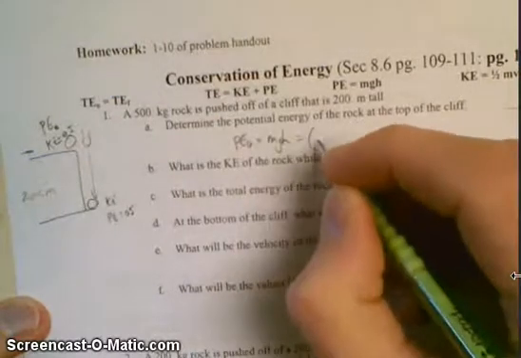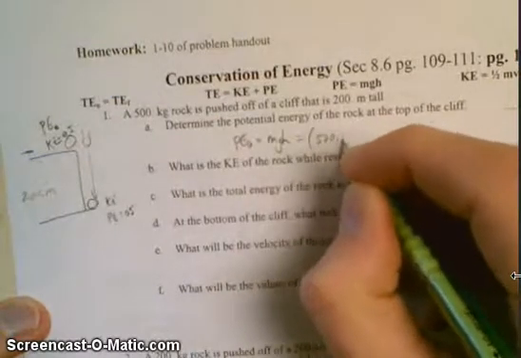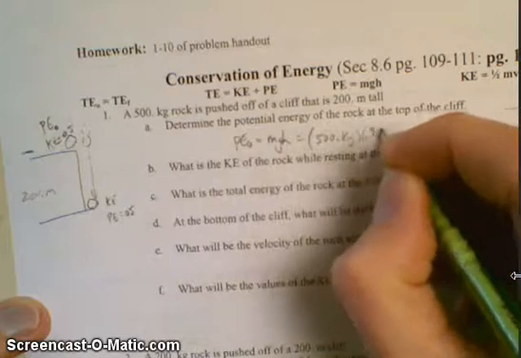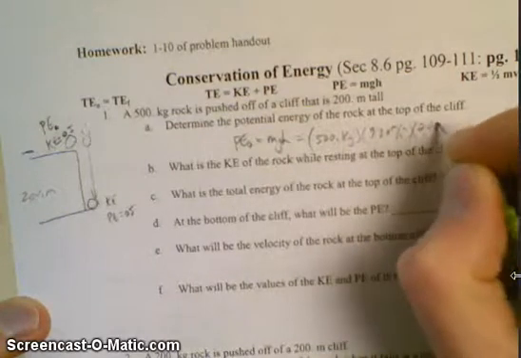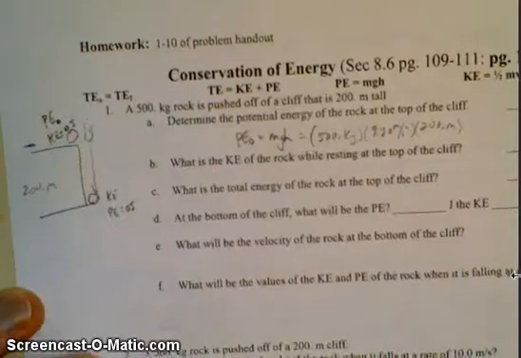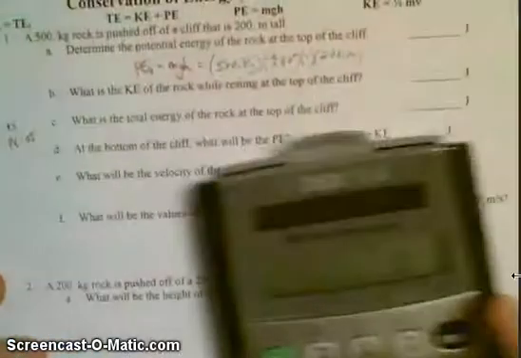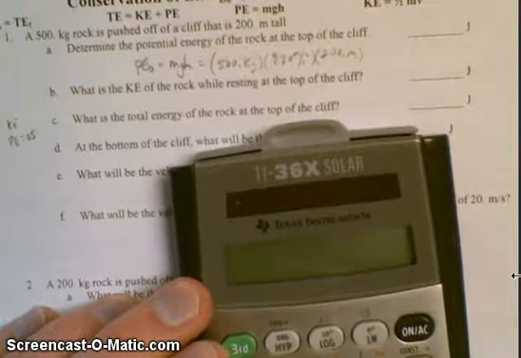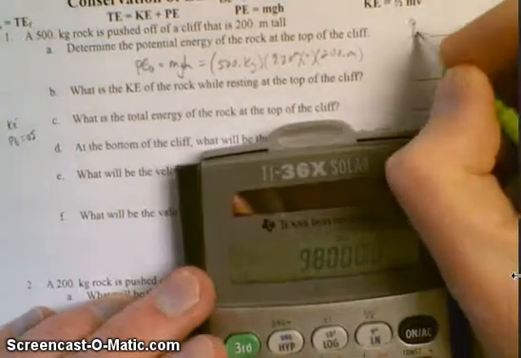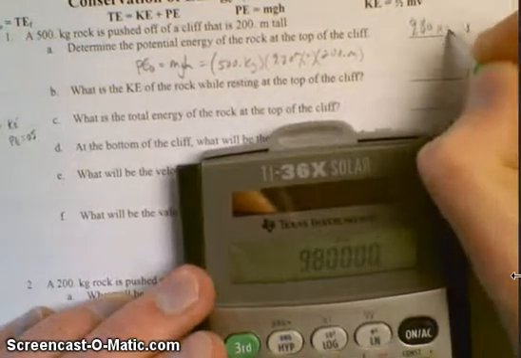And we're just going to substitute. Mass is 500 kilograms, g is 9.80 meters per second squared, and the height is 200 meters. And we can do all this in our calculator. So we have 500 times 9.8 times 200, and we get this value. I'm going to put it into scientific notation.